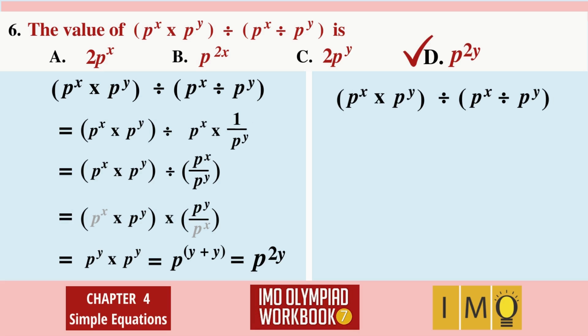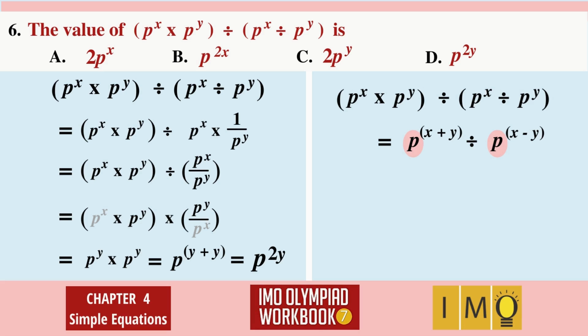Now let's check out another method to solve the same problem. We will use the laws of exponents wherever it is possible. P to the power of x into p to the power of y becomes p to the power of x plus y. P to the power of x divided by p to the power of y will become p to the power of x minus y. Here again our base is the same.